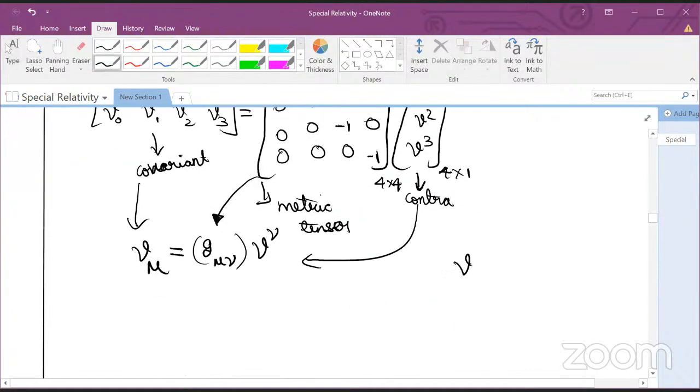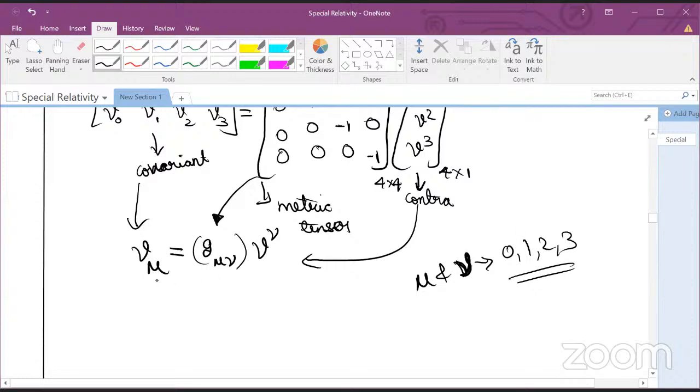The Greek letters mu and nu are just indices. They run 0, 1, 2, and 3. These are the values.